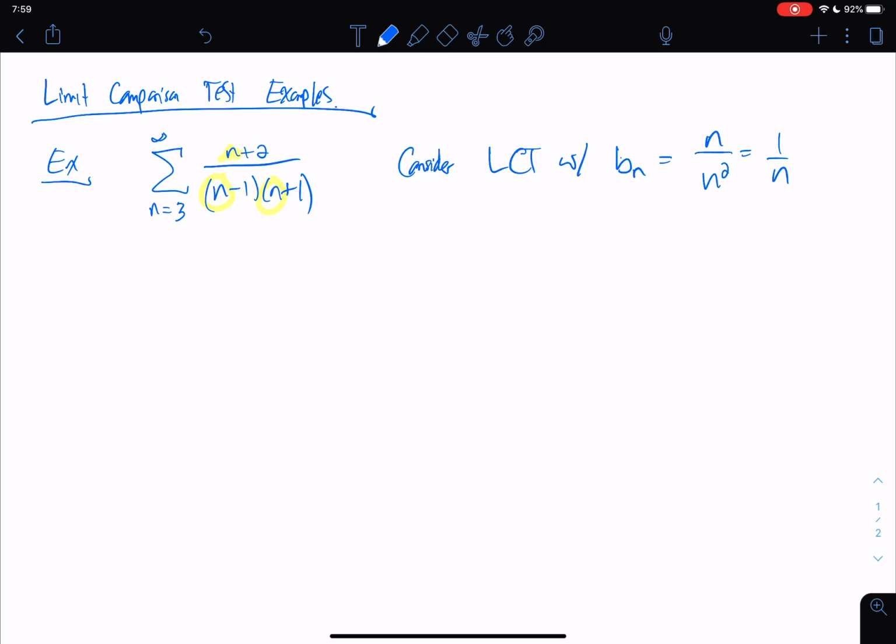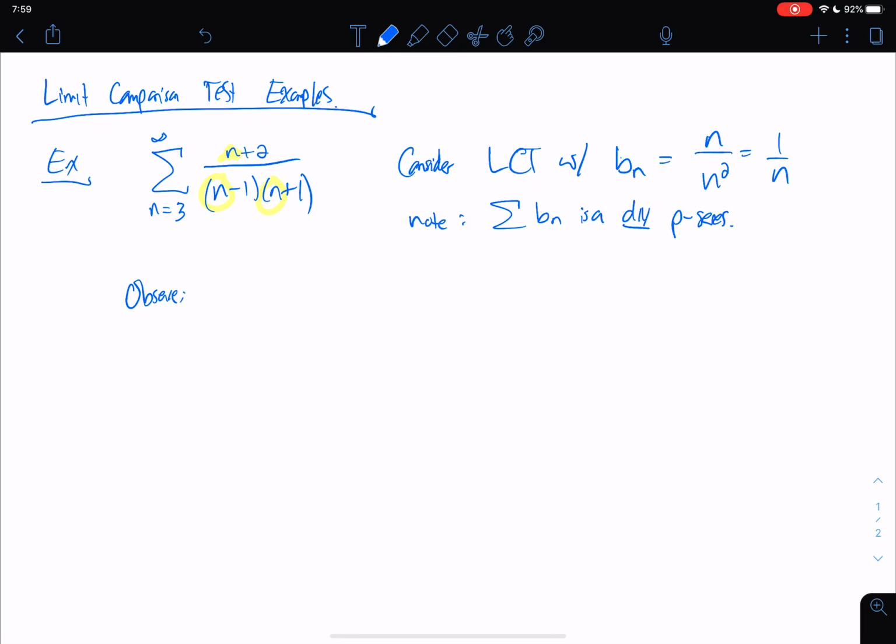Since 1 over n is the defining sequence for the harmonic series, this is a divergent series, and the limit comparison test is going to show that this series itself is divergent. So here we'll say, note, the sum of the b sub n is a divergent p-series.